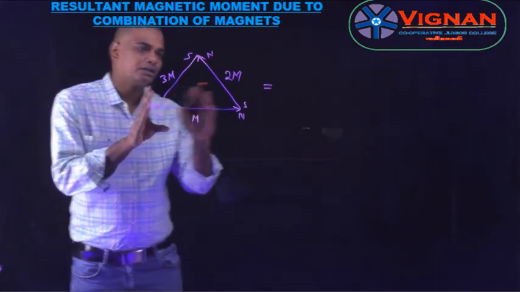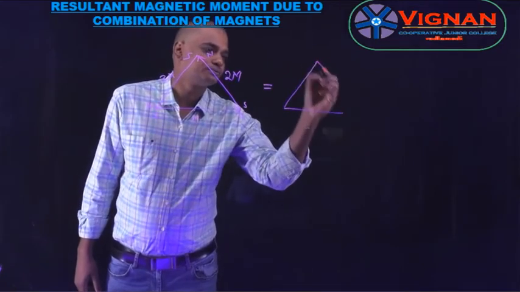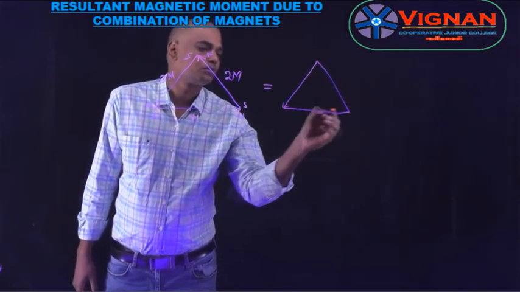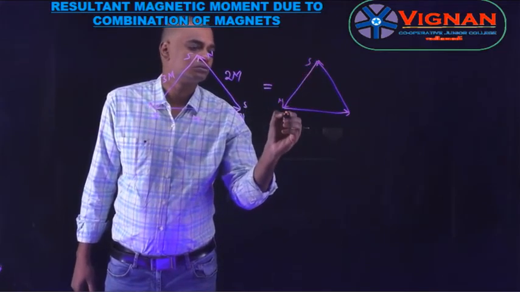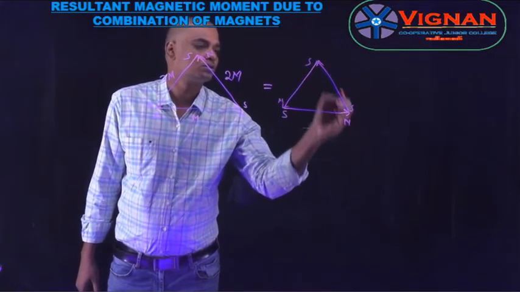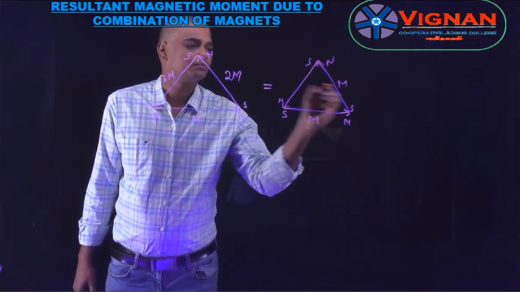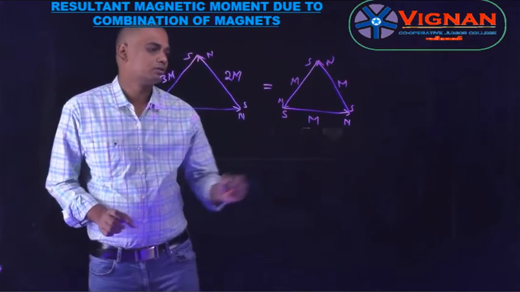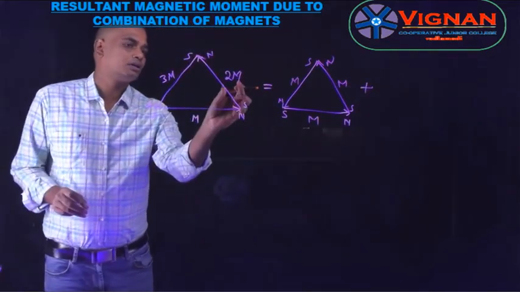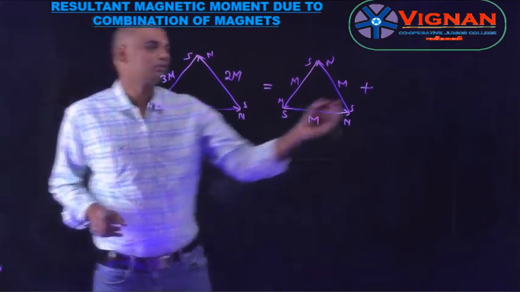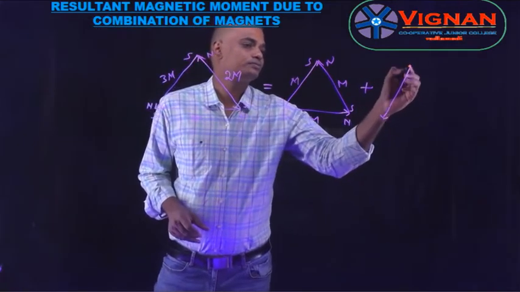So I am taking identical bar magnets, south north, south north, south north. So M outside, plus what remains here, 1M, and here 2M. So can I calculate in this manner?